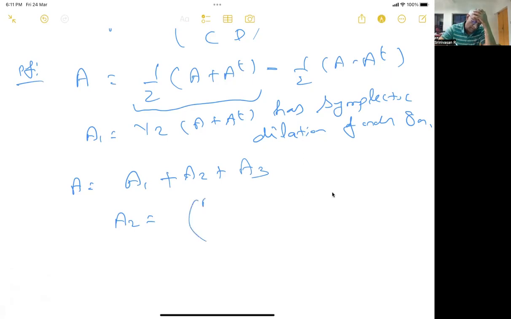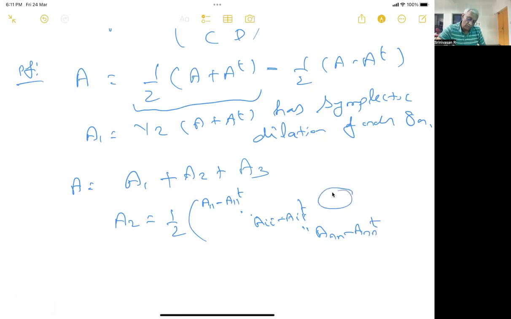It is just half of A11 minus A11 transpose, and then so on up to ANN minus ANN transpose. This is just the diagonal one. These are all 2 cross 2 matrices, with zeros everywhere else.